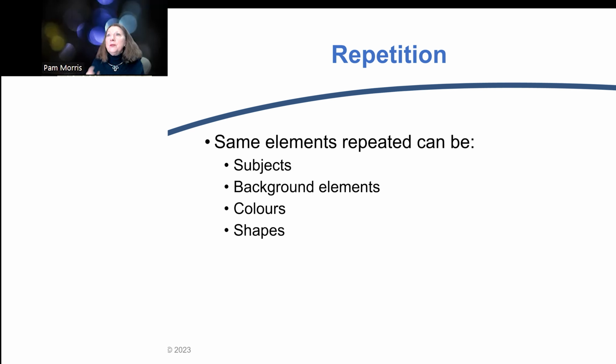So we're now going to have a look at how we can get repeated elements. And those repeated elements can be in the subject, in the background, but we can also have repeated elements that give us a feeling of rhythm and repetition in terms of colours and shapes and tones and just ideas within images.